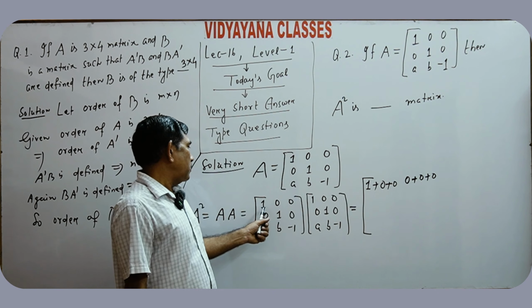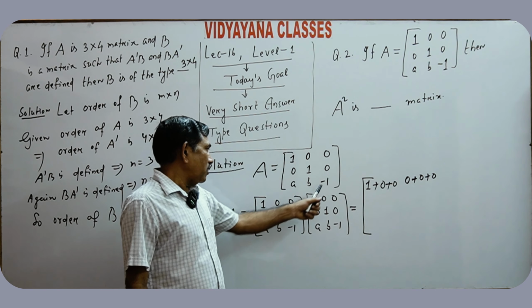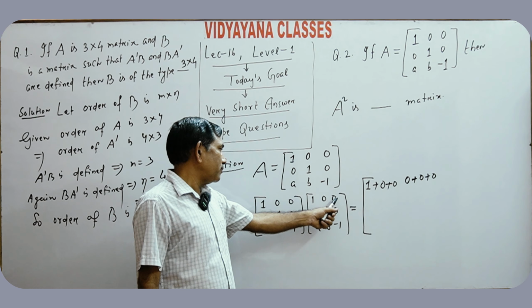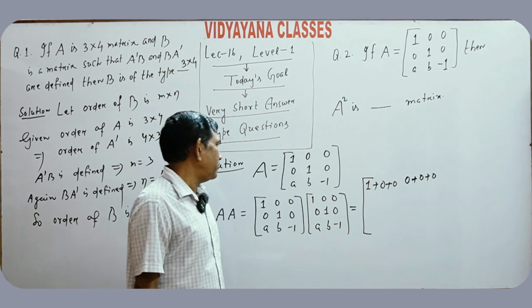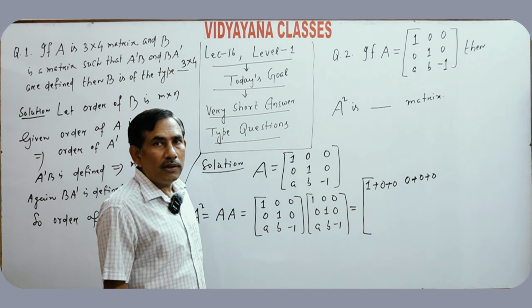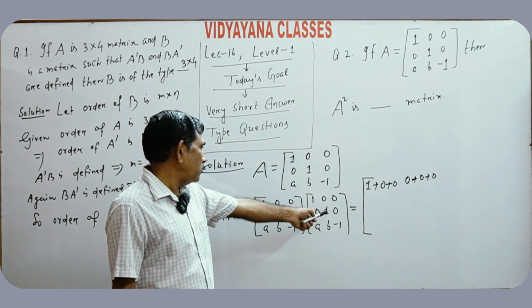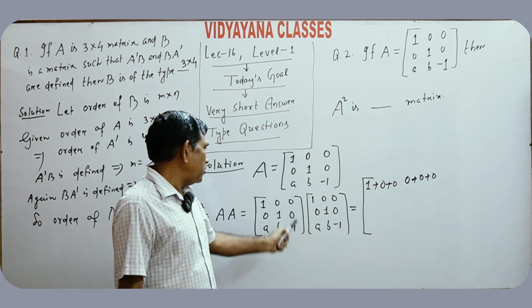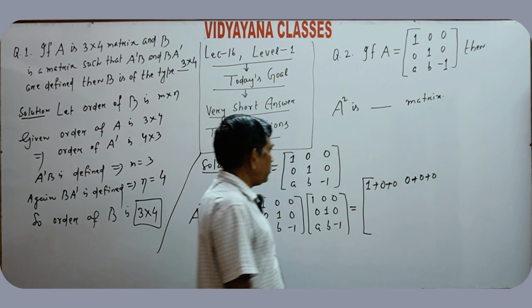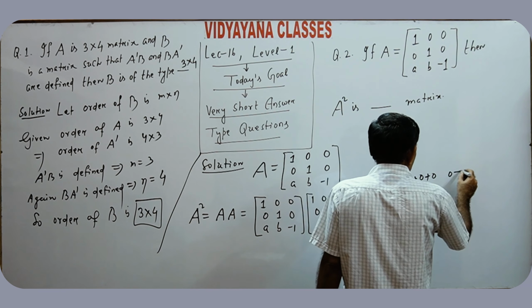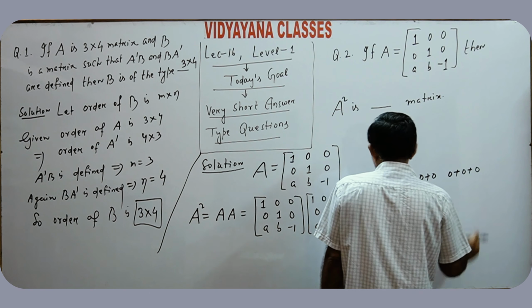Next, go through row 1, come down in column 3, multiply the corresponding elements and add them. 1 into 0, that is 0, 0 into 0, that is 0, 0 into minus 1, that is 0. So it is 0 plus 0 plus 0.